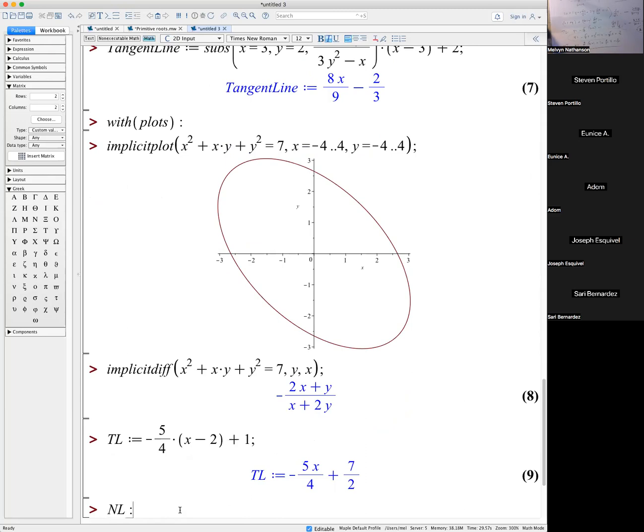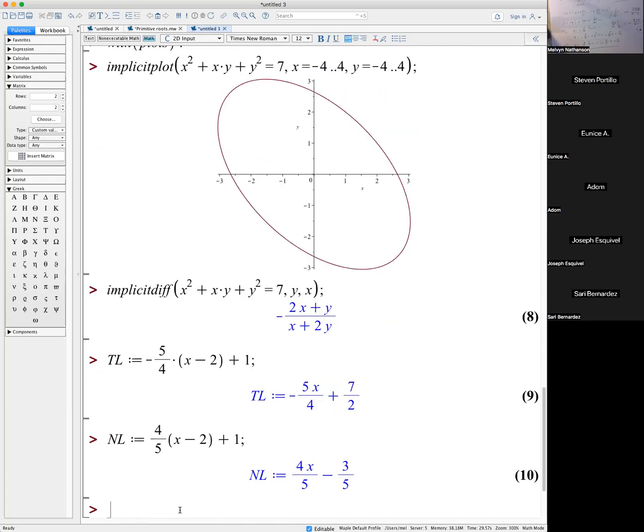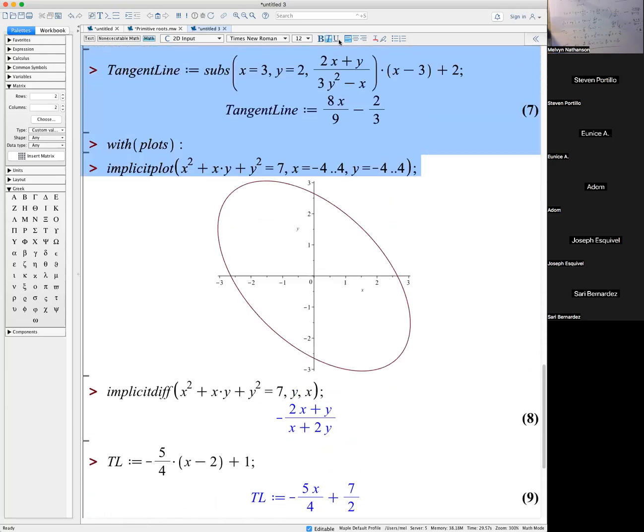And the normal line will have slope the negative reciprocal of minus 5/4, which is plus 4/5, times (x minus 2) plus 1, which is 4/5 x minus 3/5.